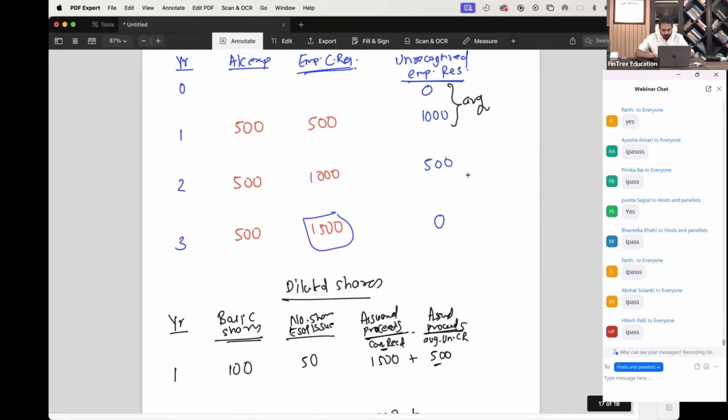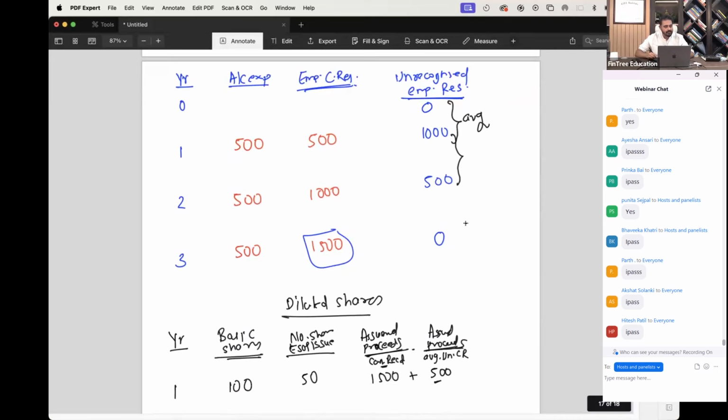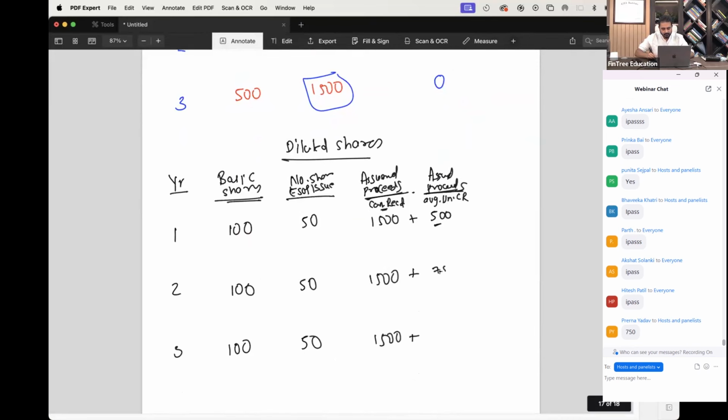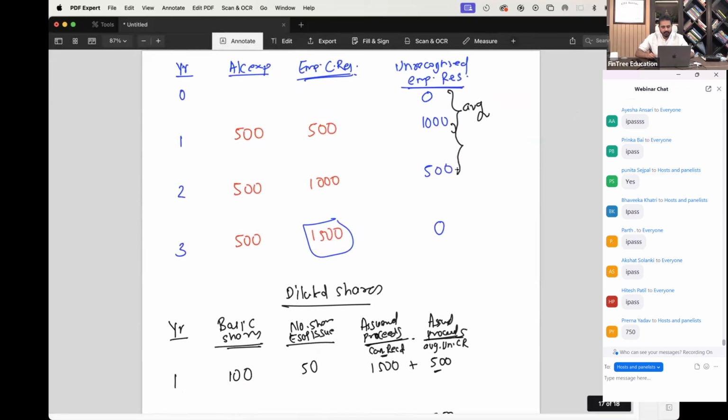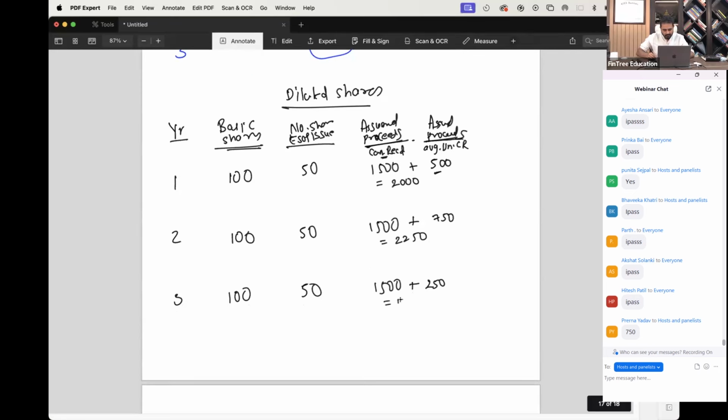Then second year, the average of 1000 and 1500 is 750. Third year, the average of opening and closing is 250. So these are my assumed proceeds: 2000, 2250, 750.